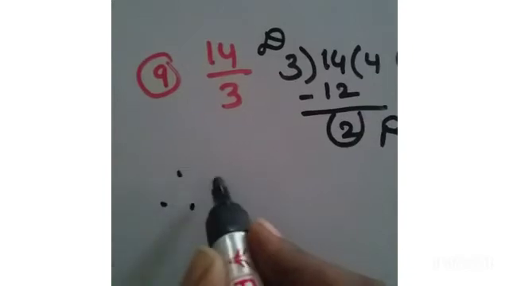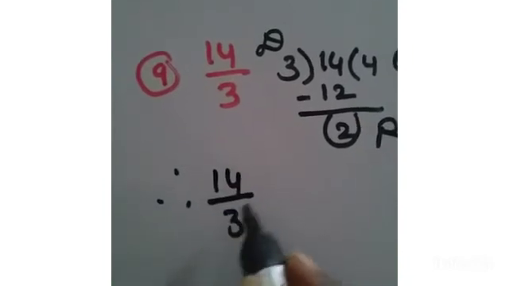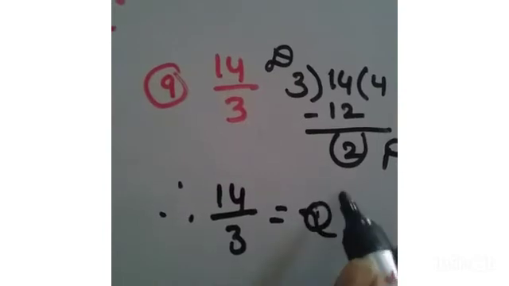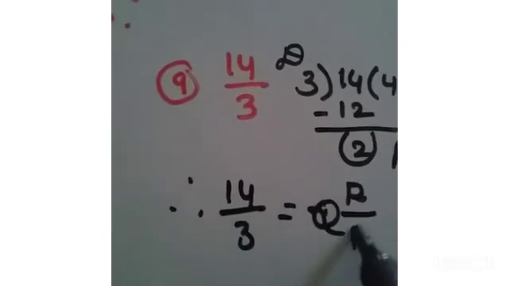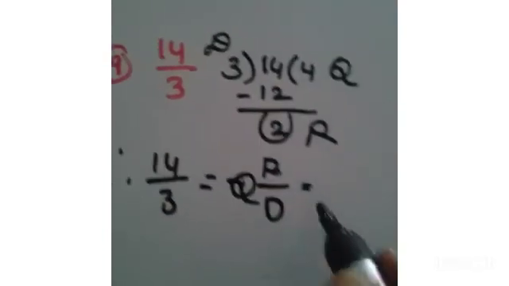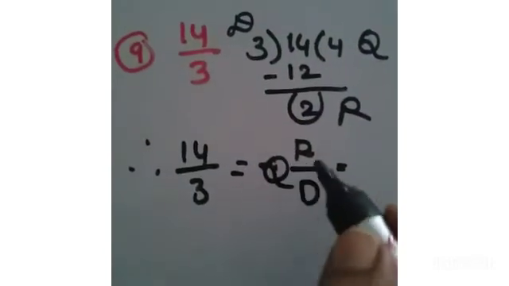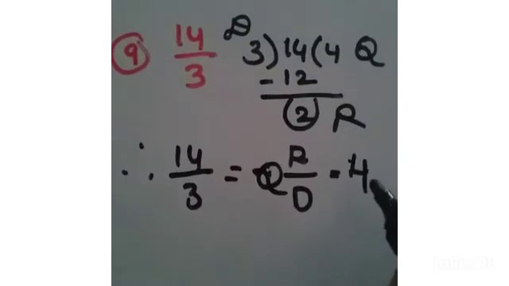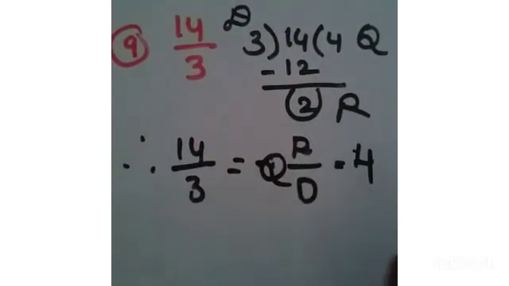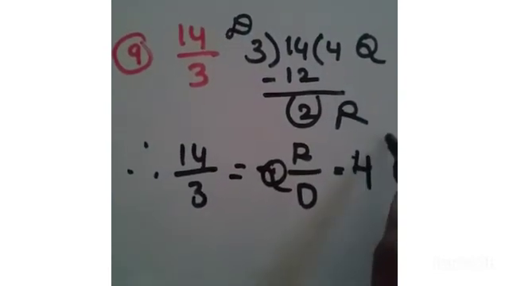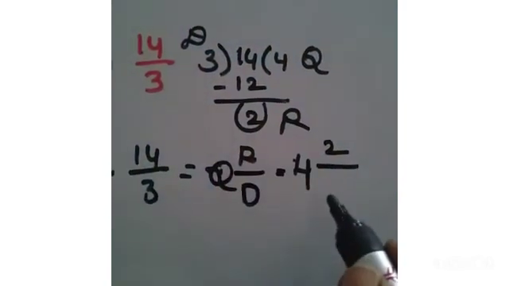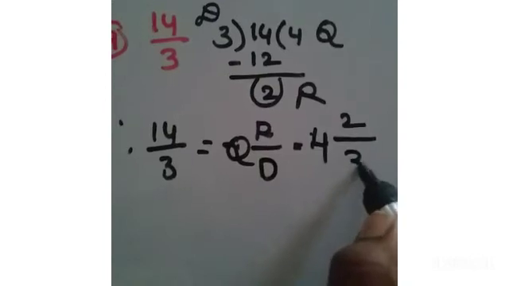Let's write the improper fraction as a mixed fraction. What is the formula? Q R by D. Then we have to substitute this. 4 is the mixed number, the quotient, and the remainder should be written in the place of numerator, and the divisor in the place of denominator. Okay.